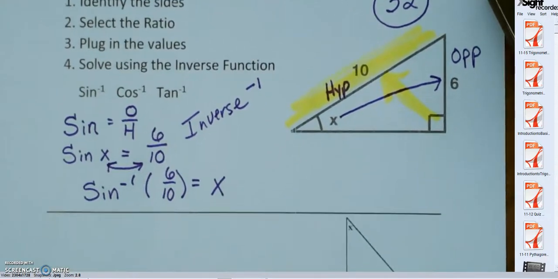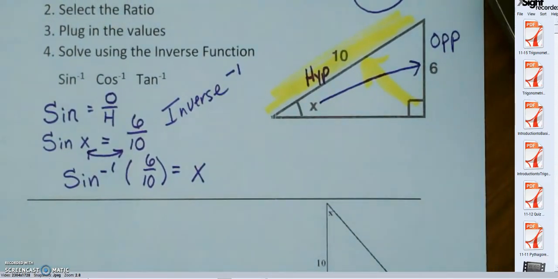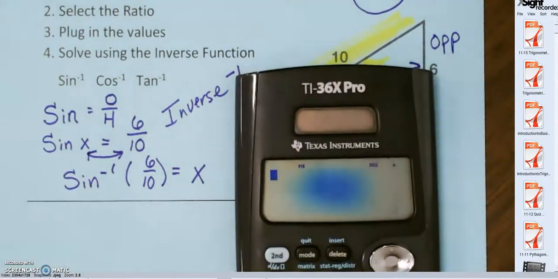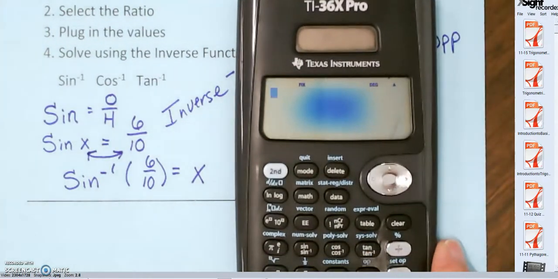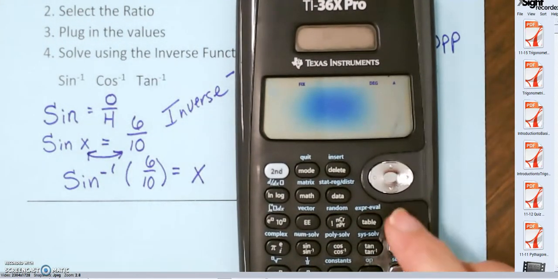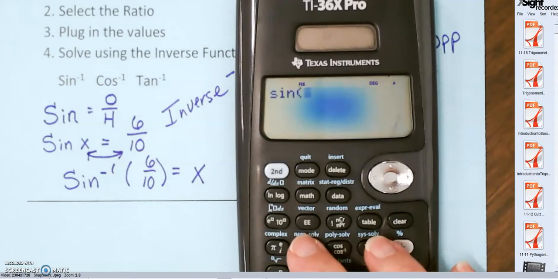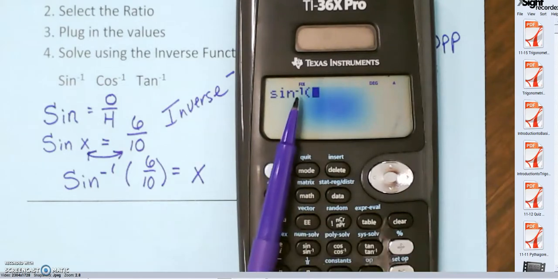Okay, grab your calculator. To do this inverse function, you have to hit the sine button not just once, but twice. So when I hit it the second time, the -1 appears.